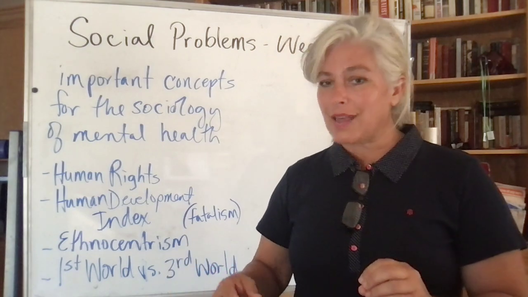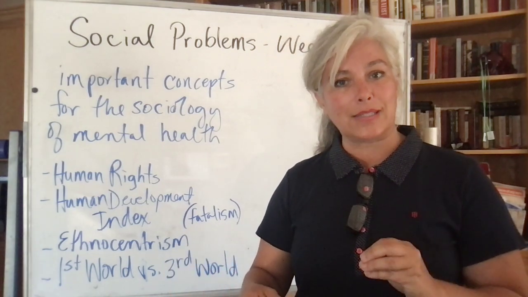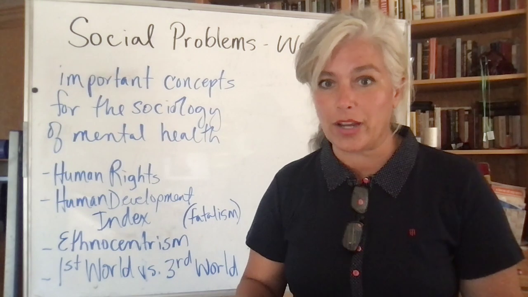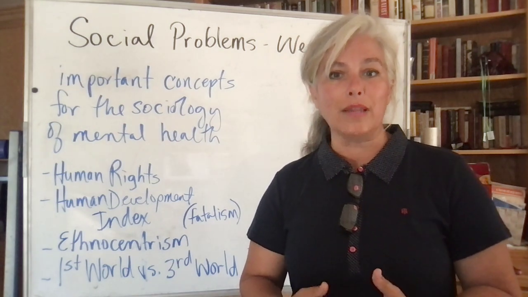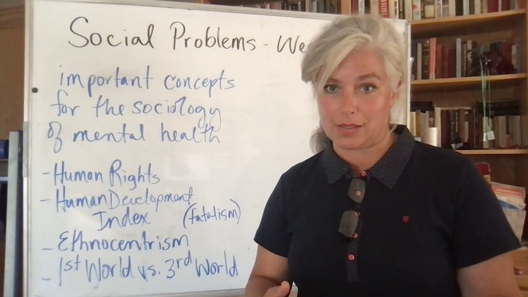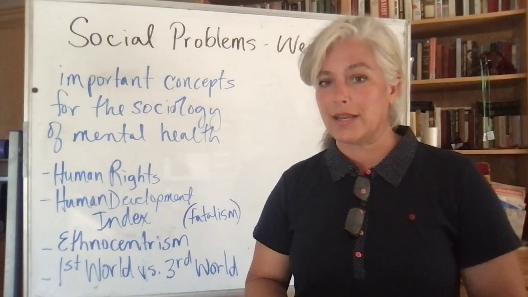You will notice that health care in general is not a human right. It's not one that is on the list that the United Nations proposes should be universally acceptable.